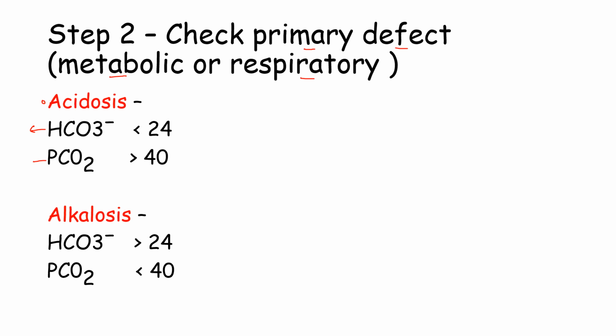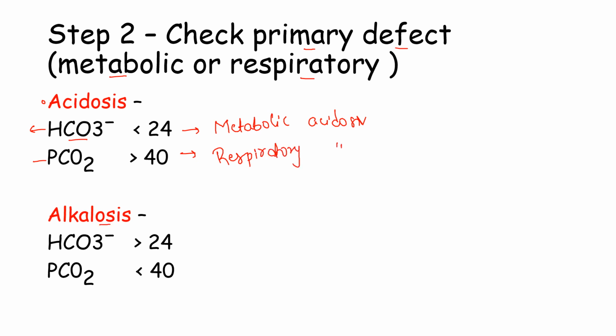In acidosis, bicarbonate decreases. In which kind of acidosis will it be decreasing? It will be decreasing in the metabolic acidosis. And in acidosis, PCO2 increases. In which kind of acidosis? It is the respiratory acidosis.